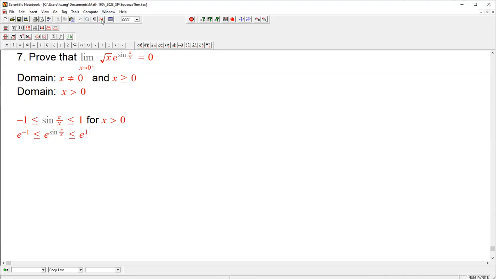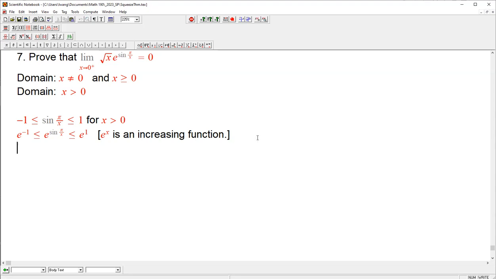The reason is very, very important: e to the power of x is an increasing function. Only for an increasing function can we do this. If it were not an increasing function, we would have to reverse the inequality. So this step to the next step is true because e to the power x is an increasing function.